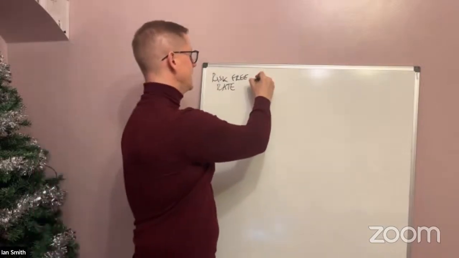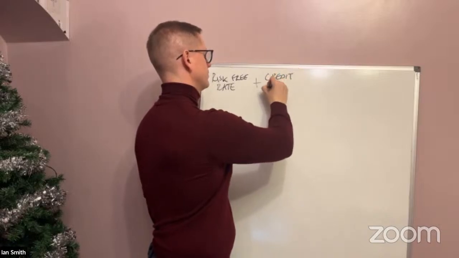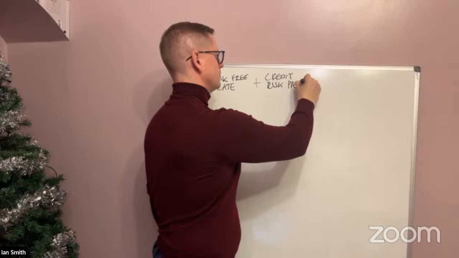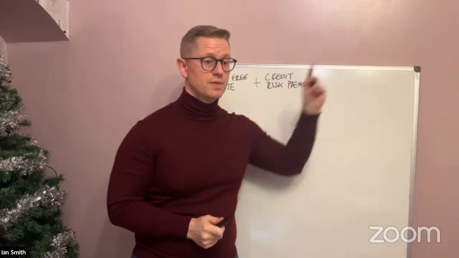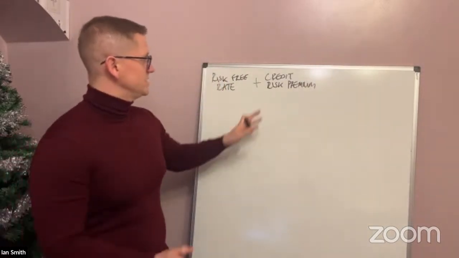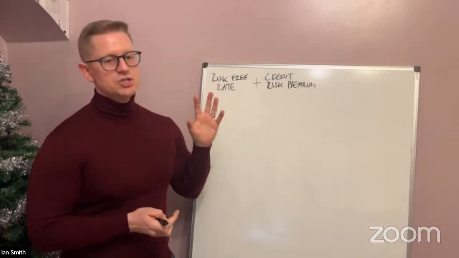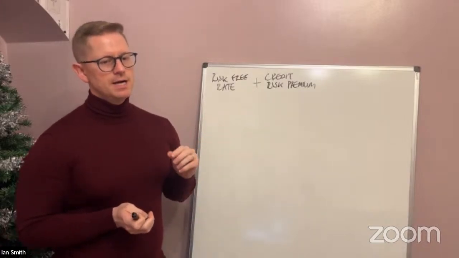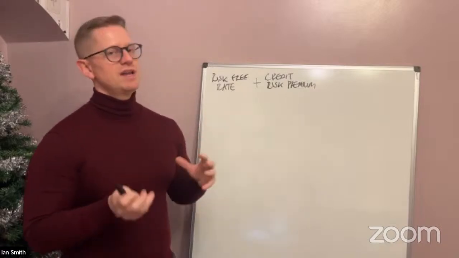Now, we need to add credit risk premium. Which is different from the equity premium that we looked at before, the equity risk premium that we looked at before. This is the credit risk premium. Now, as corporate debt is not risk-free, lenders and banks require more of a return for this credit risk.